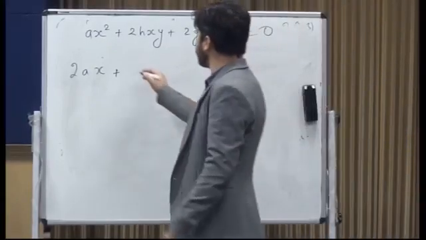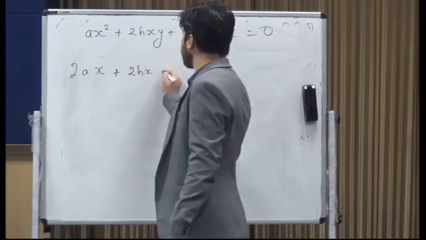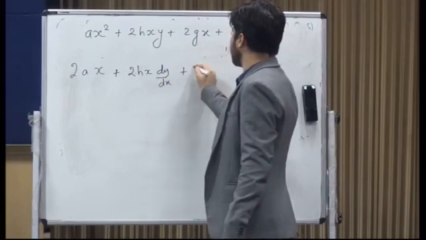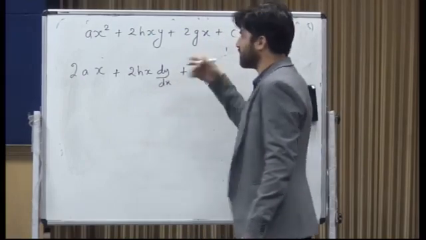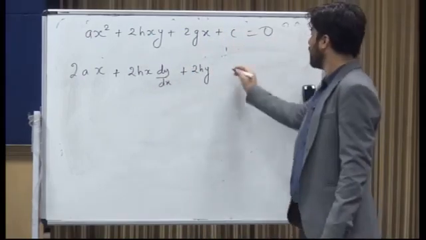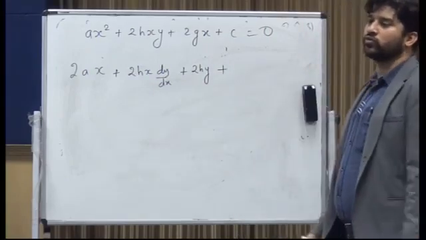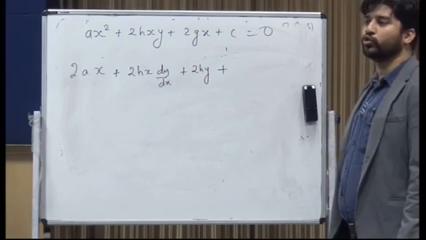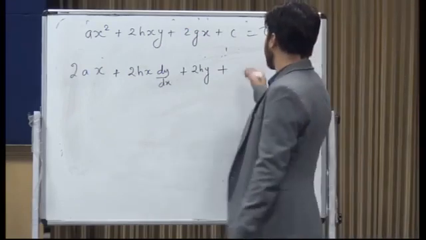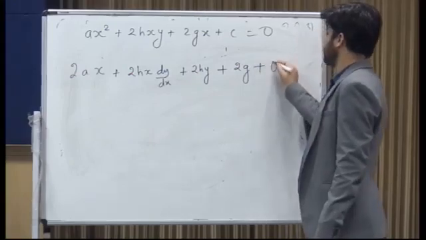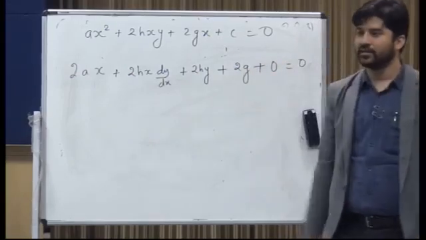So we are going to first take x as constant, then we are going to take 2hy constant, and then x will vanish. And what will be the differentiation of 2gx? 2g, x खत्म हो जाएगा, right? And c will be 0, right?